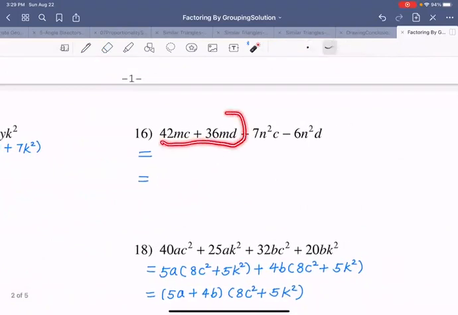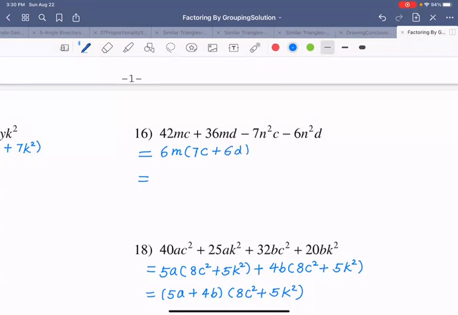Go ahead, please. Common factor is 6. 6m times 7c plus 6d.